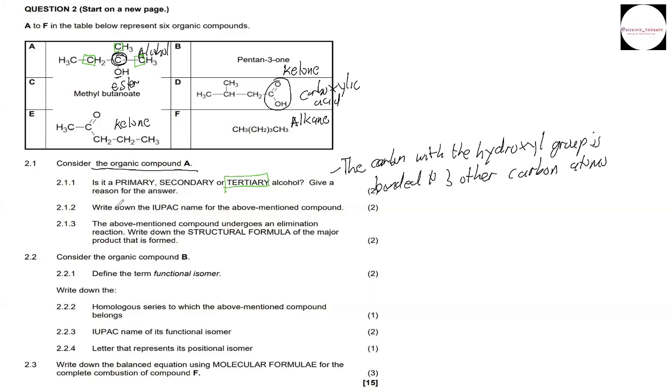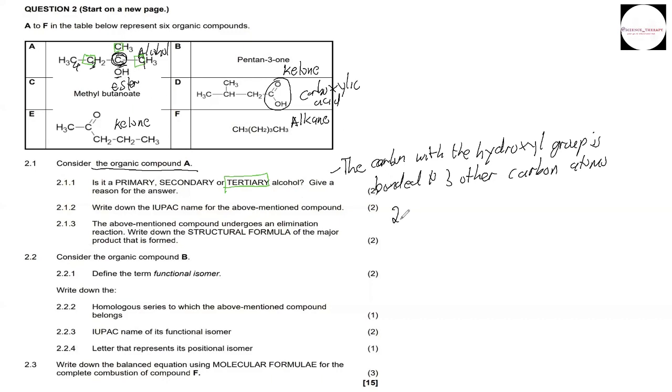Then 2.1.2 says, write down the IUPAC name for the above mentioned compound. Now, what is the IUPAC name of compound A? We're going to start numbering from the side where we see the closest disturbance. So that's 1, 2, 3, and then 4, right? So in number 2, that's where we have a methyl branch and then the hydroxyl group.